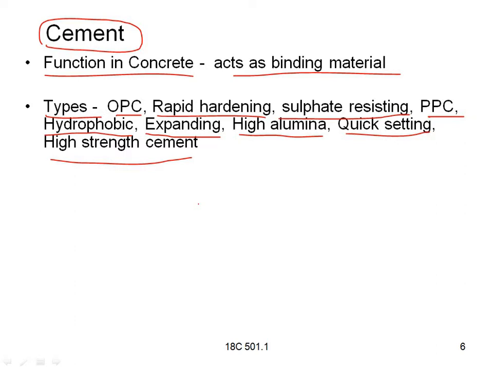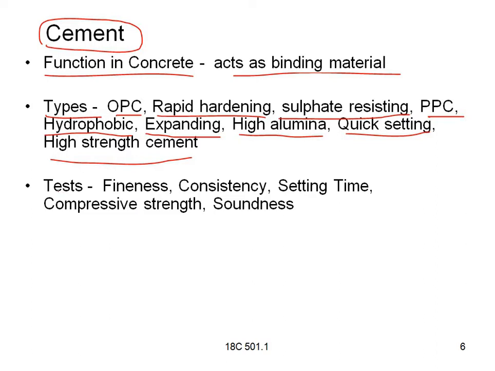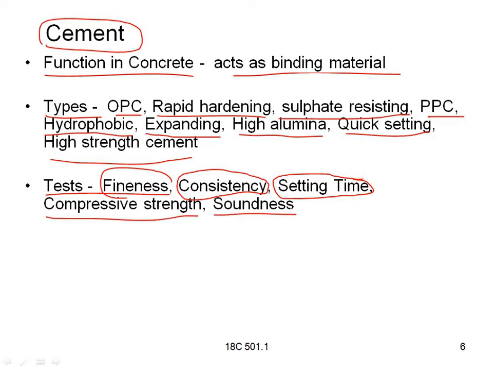Comparing OPC and rapid hardening, OPC has minimum durable strength, whereas rapid hardening has very high strength and durability. Here we are having some tests also. First is the fineness test of cement, the second is the consistency test of cement, the third is the setting time of cement, the fourth is the compressive strength of cement, and the fifth is the soundness test of cement.